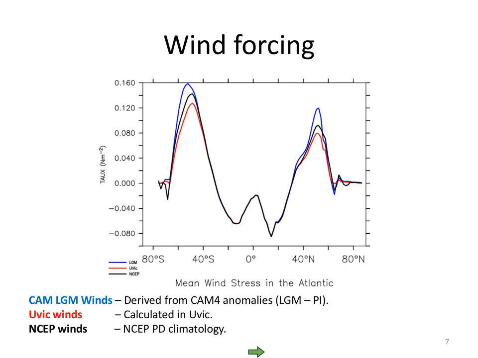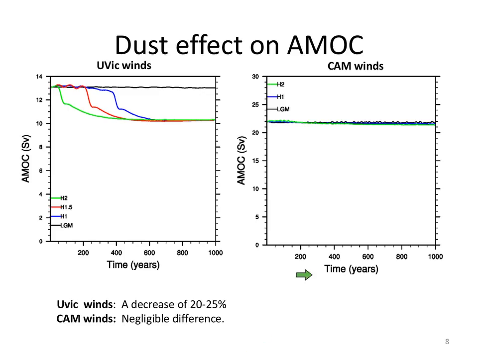And then we simulate the dust effect on the AMOC under these two winds, the UVic and the CAM winds, which are strengthened in the westerlies. So first we have the control, the black lines, and then we apply the dust effect, for different dust simulations, H equal to 1, 1.5, and 2.